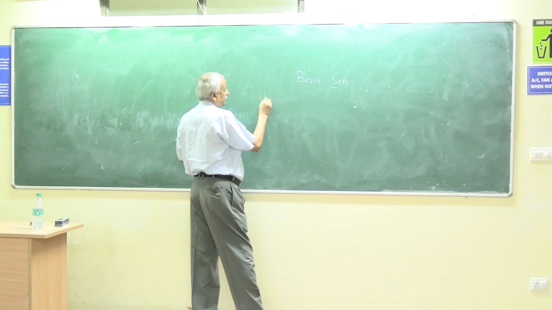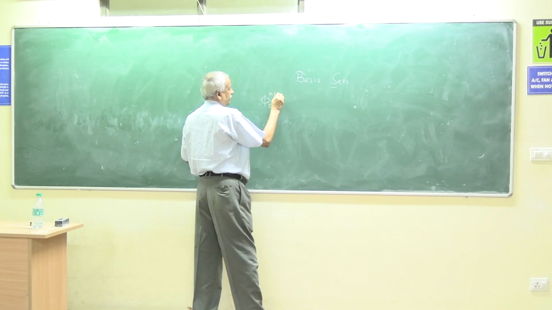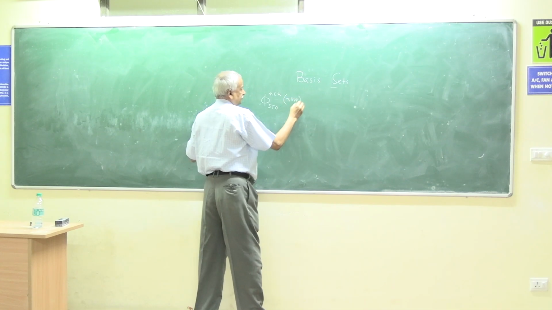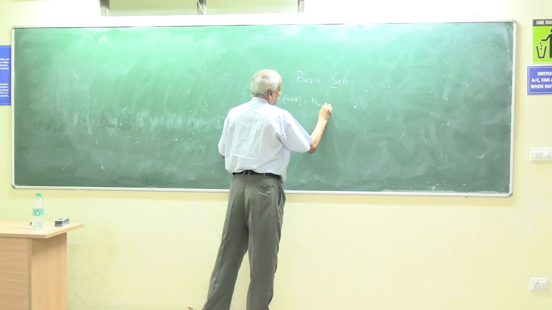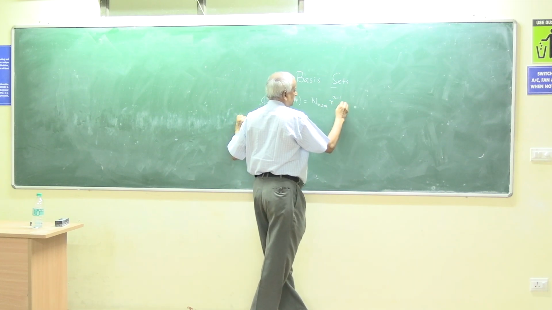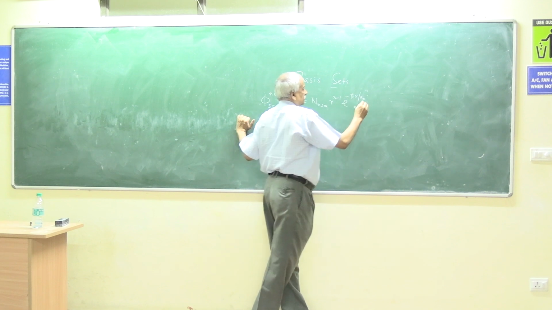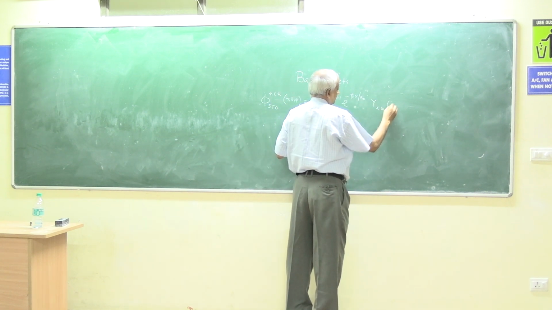So, if I call phi STO, let us say n, l, m function of r, theta, phi, this is N, say normalization constant, r to the power n minus 1, e to the power minus zeta r by a0, Y lm theta phi.